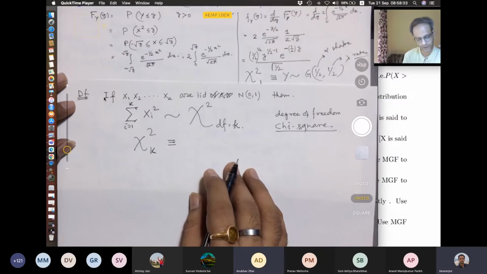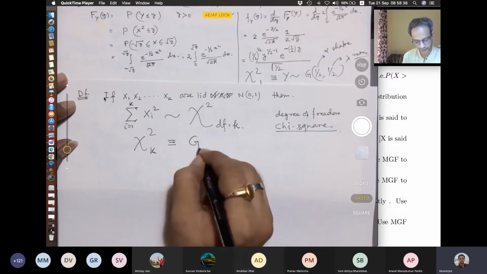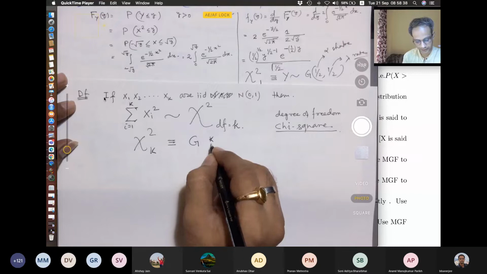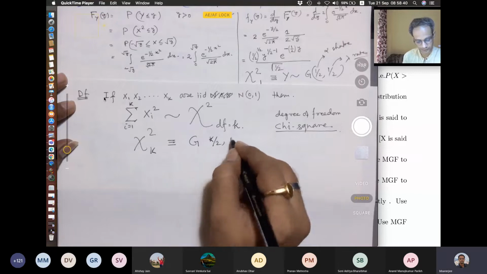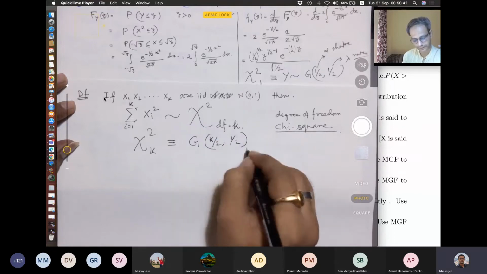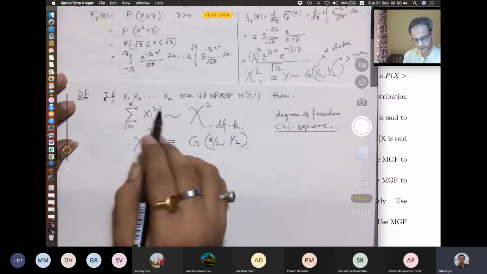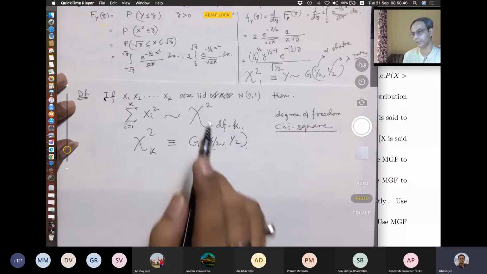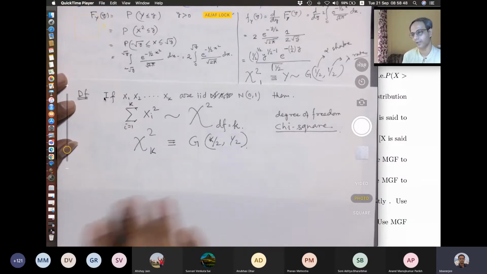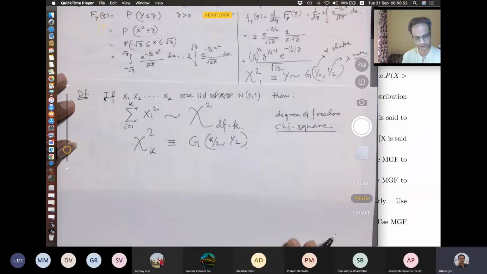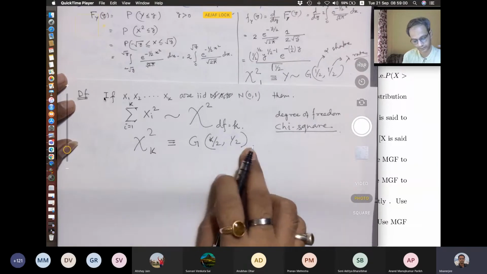This will be gamma k by 2 comma half, because each individual xi square is following gamma half, half. And you have the additive property of gamma that you studied in the previous lecture. So all alphas will be added, k alphas will be added, each alpha taking value half. So gamma k by 2 comma half.